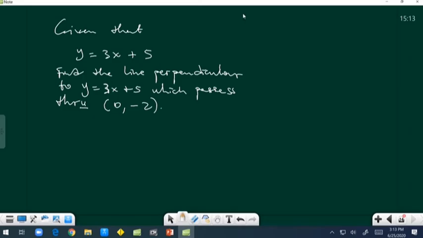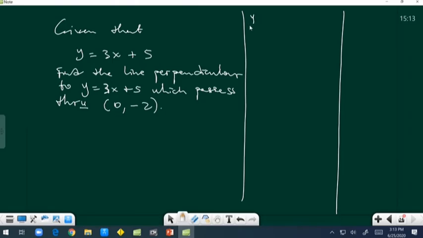So for us to find this, first of all, we get the gradient of the one that is given here, y equal to 3x plus 5. We compare it with the general form, y equal to mx plus c. The gradient is equal to 3. Let's call this m1.